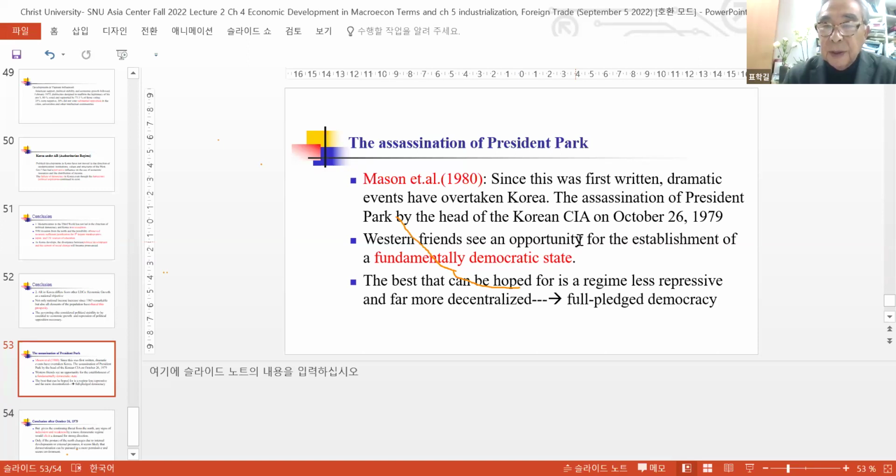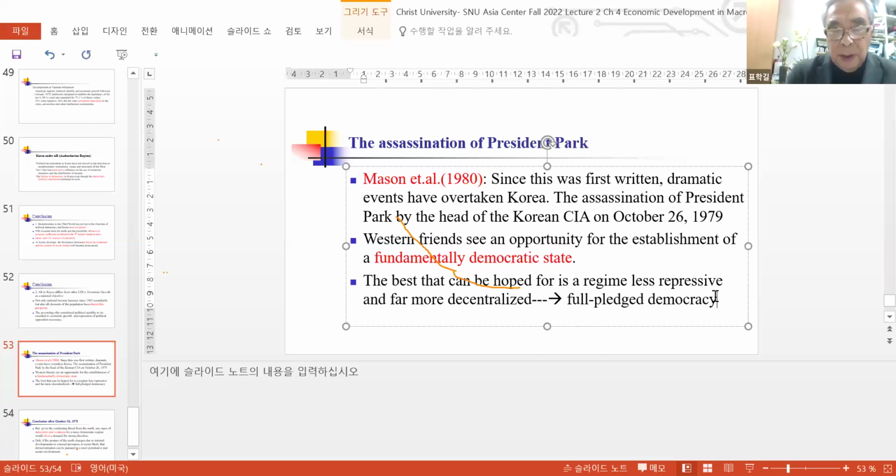They have seen the assassination of President Park as a chance, an opportunity for the establishment of a fundamentally democratic state. The best that can be hoped for is a regime less repressive and far more decentralized, and then ultimately full democracy. We call this what happened in 1963.